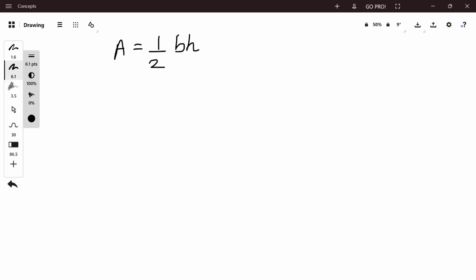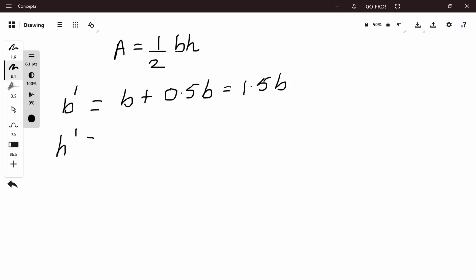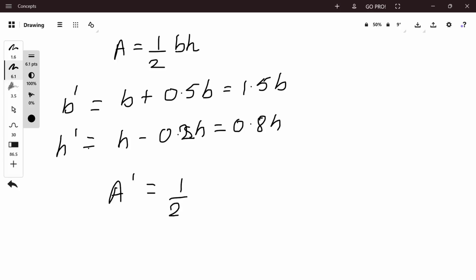The new B dash is increased by 50%, that is B plus 0.5B, which is equal to 1.5B, and the new height decreased by 20% is H dash equal to H minus 0.2H, which is equal to 0.8H.